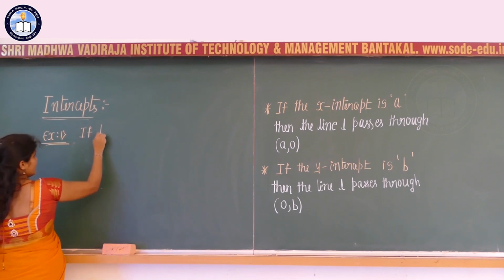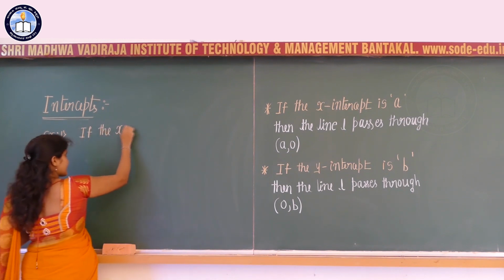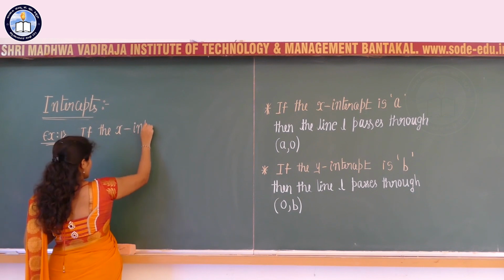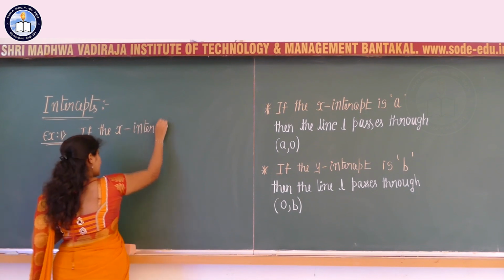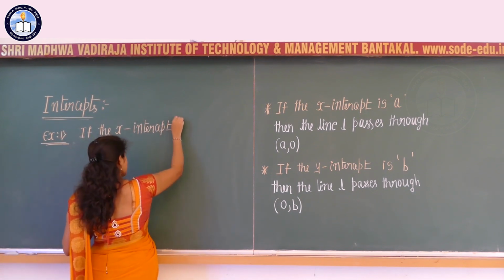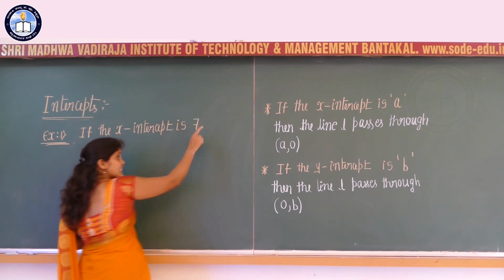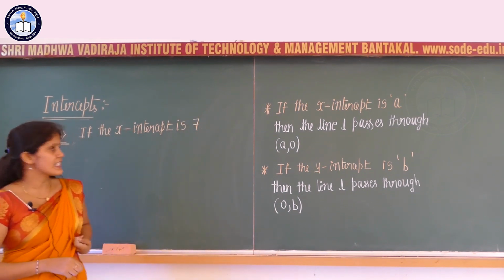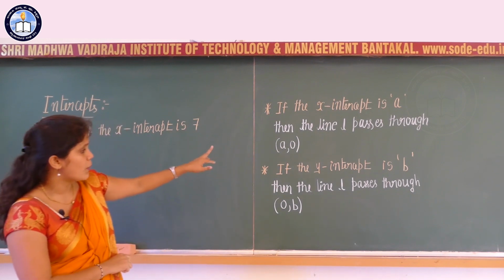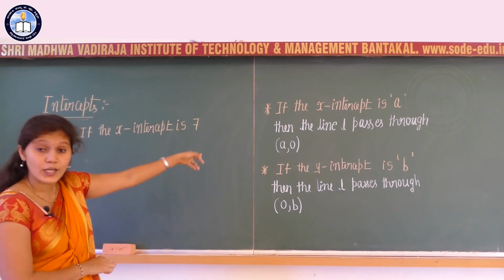If the x-intercept is 7, what can I say? If the x-intercept is A, we can say that the line passes through the point A, 0.